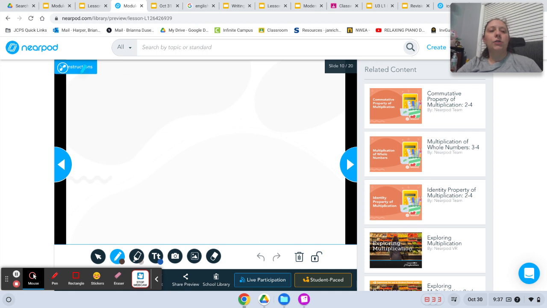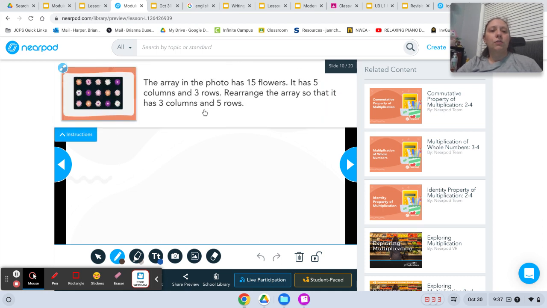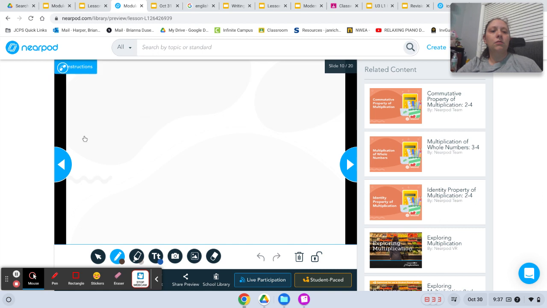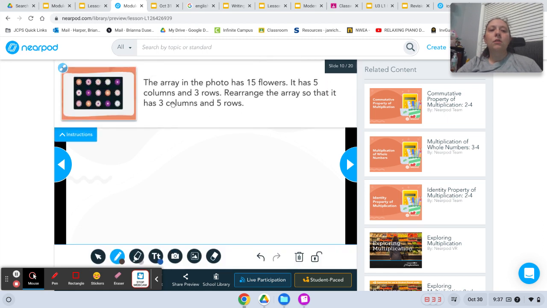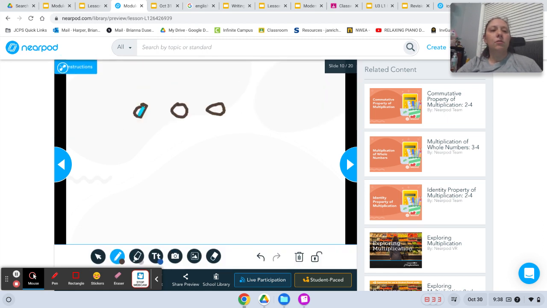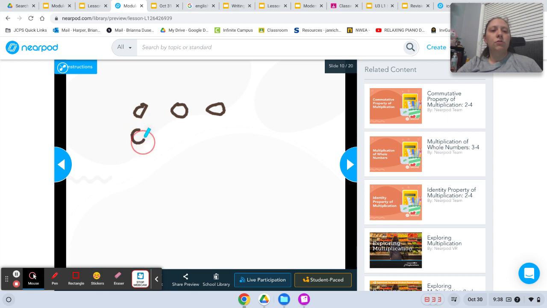So if we want 3 columns, we have 1, 2, 3 columns, and 5 rows: 1, 2, 3, 4, 5.